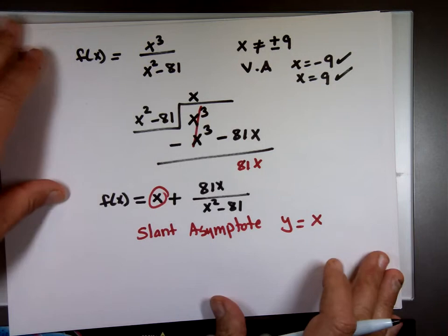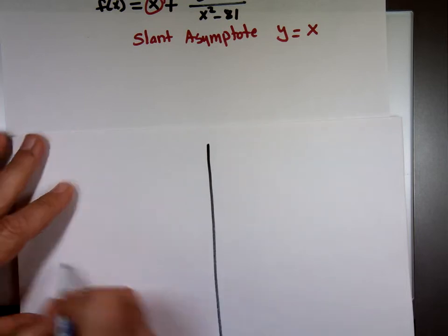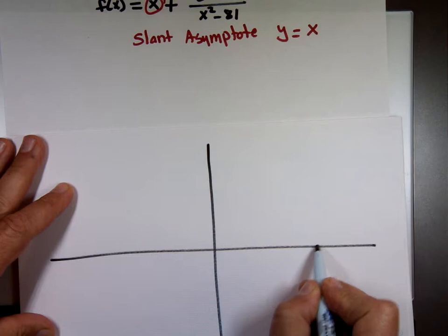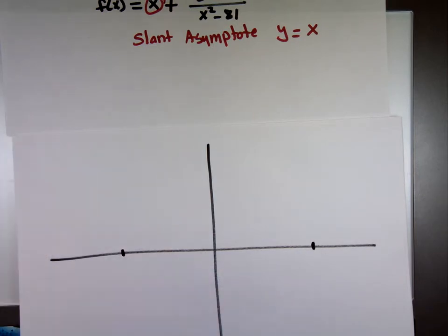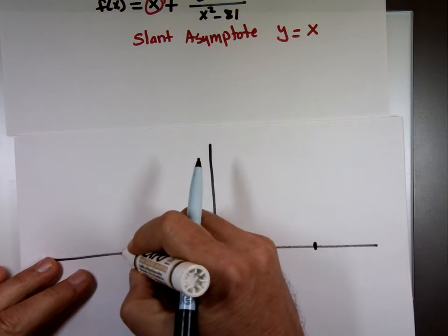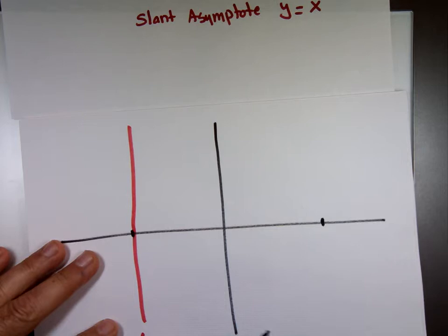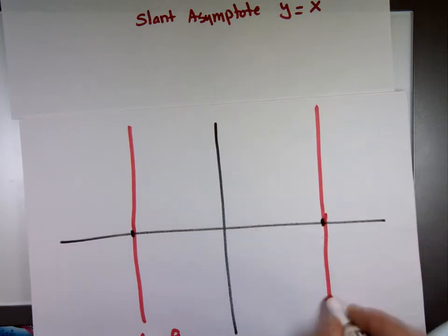A couple of things here, just with what I know so far. If I was graphing this, this is what I know. Let's say this is the plus 9 somewhere here, and there's the negative 9 somewhere here. I've got vertical asymptotes right here. x equals negative 9. x equals 9.